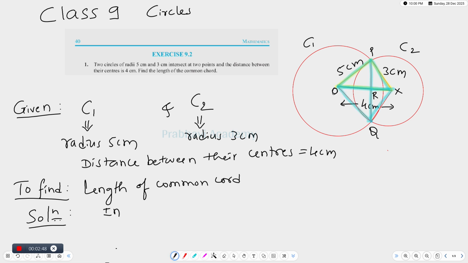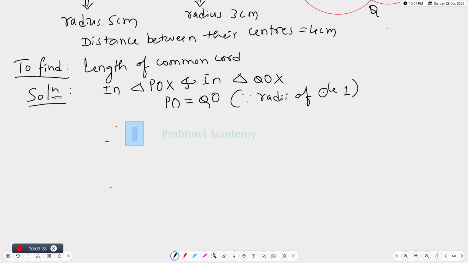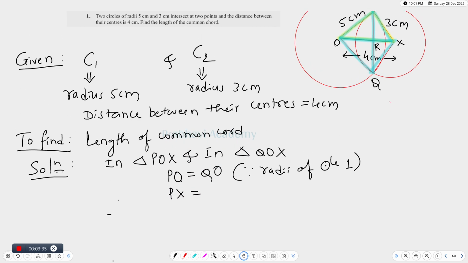So in triangle POX and in triangle QOX, PO is equal to QO because radii of same circle, radii of circle 1, and similarly PX is equal to QX.